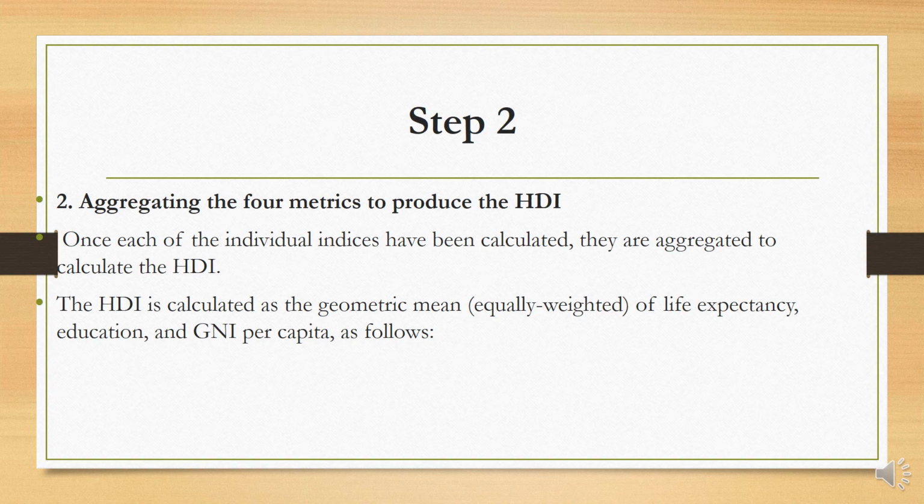Step 2: aggregating the four metrics to produce the HDI. Once each of the individual indices has been calculated, they are aggregated to calculate the HDI. The HDI is calculated as the geometric mean of the life expectancy, education, and GNI per capita as follows.